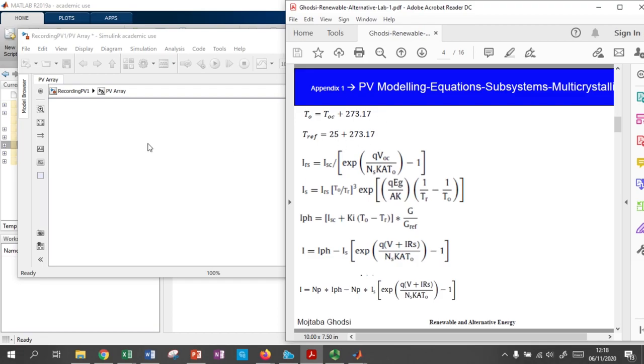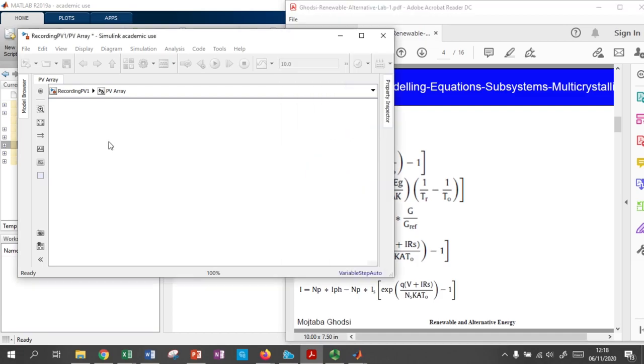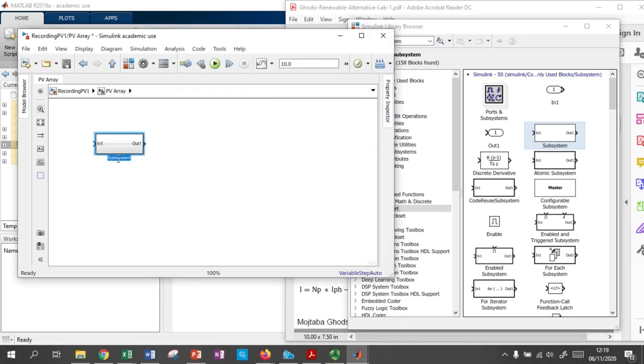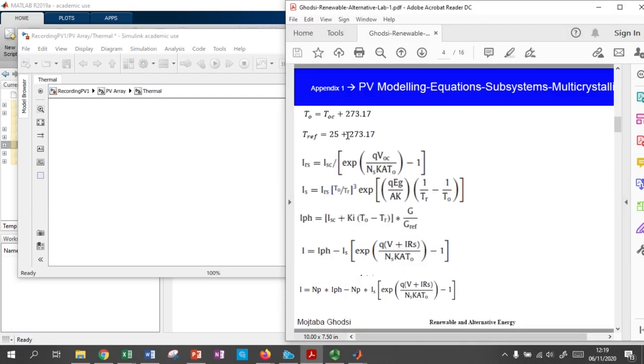Then I will make one subsystem. Again, I will go to the library, select a subsystem, and put it here. This time I will call it thermal subsection. I will go through the thermal subsection and try to make these equations that are governing the PV modeling.